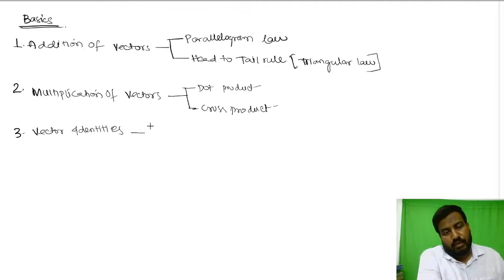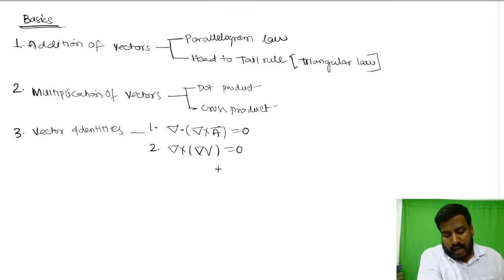The most important of them: divergence of curl of any vector is 0. Curl of gradient of any scalar is 0. Fourth, point transformation. How to transform a point from one coordinate system to another coordinate system.